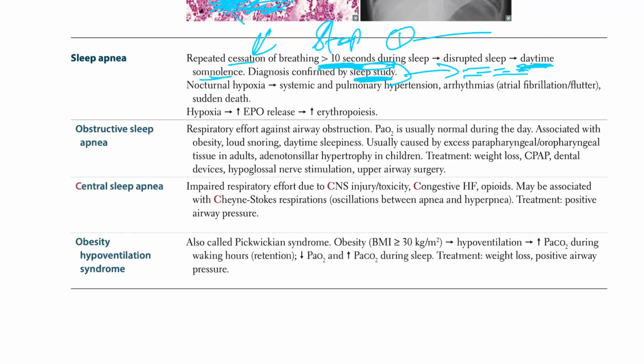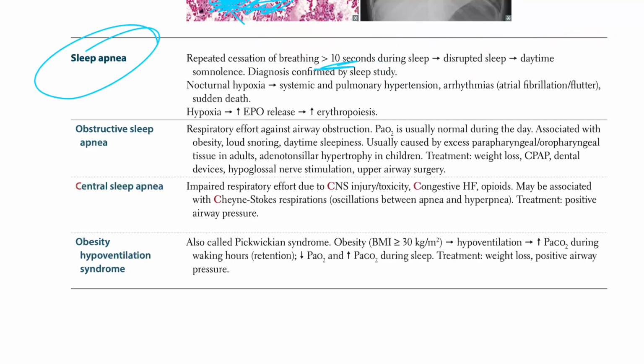They say, okay, he was sleeping for 5 or 6 hours, and he was waking up because he couldn't breathe, like 100 times, 10 times, 20 times, depending on mild, moderate, severe. But it shouldn't happen normally for more than 10 seconds, no way. If you see more than 10 seconds, think of sleep apnea.